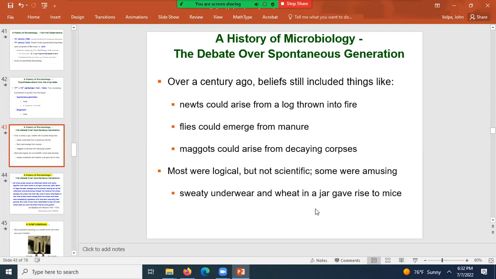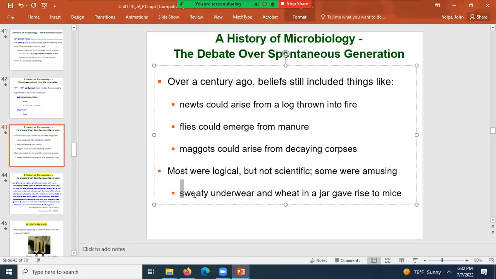And so the mice were trapped in the jar, and then people saw the mice there, and they probably noticed that some of the wheat was missing and the sweaty underwear. No idea why that was important, but somebody did that and stated that mice spontaneously generated. And like I stated, the mice just climbed into the jar to get the wheat and then couldn't climb out. They did not spontaneously generate.